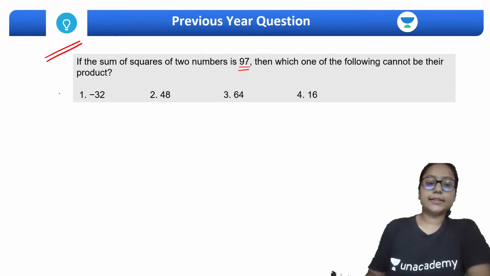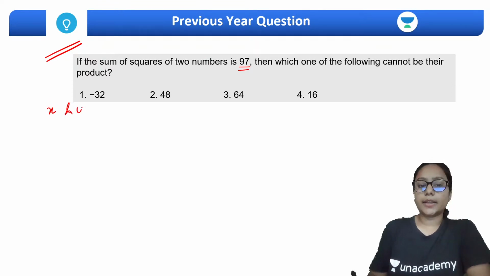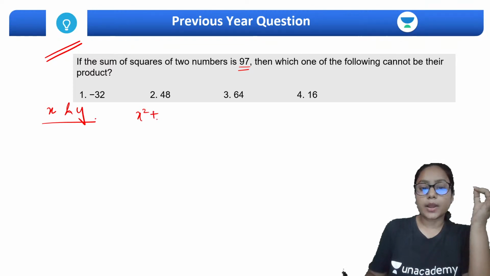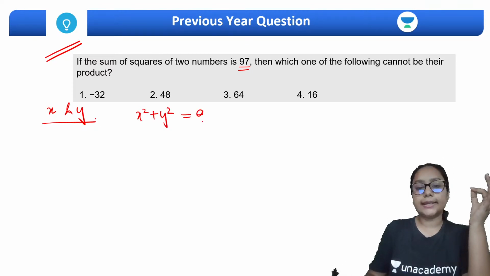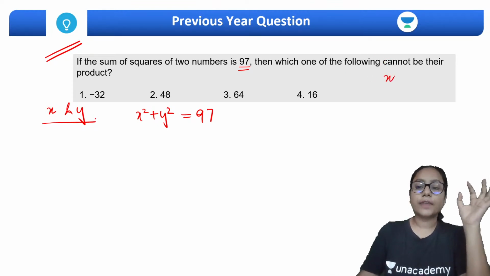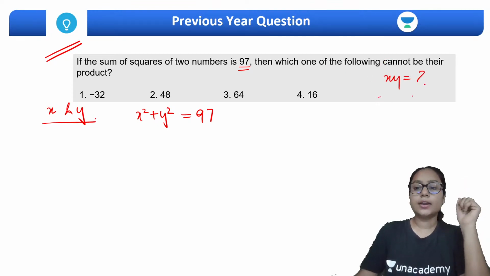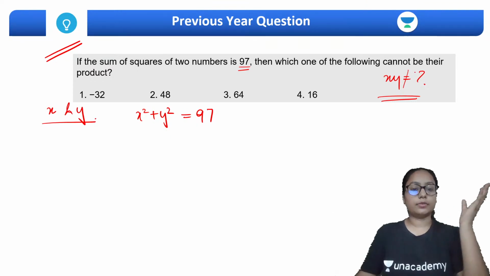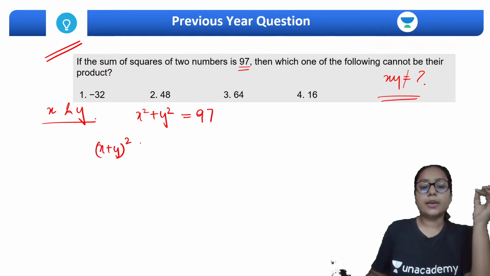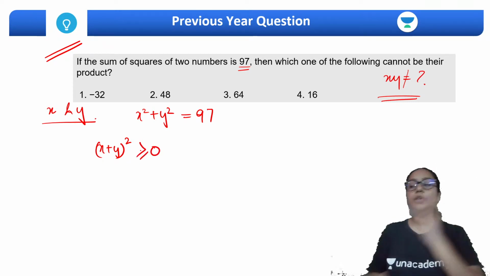Okay, let us take the numbers as x and y. Sum of their squares means x square plus y square is equal to 97. We have to find which of the following cannot be the value of xy. So we know that (x plus y) whole square is always greater than or equal to 0.